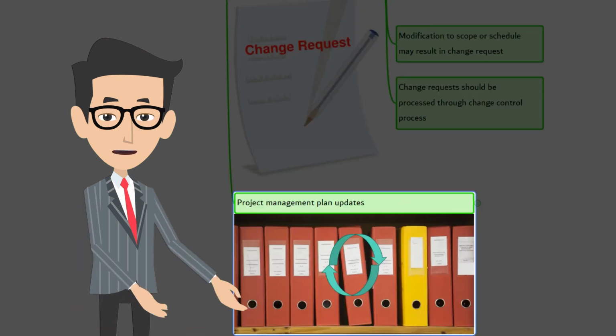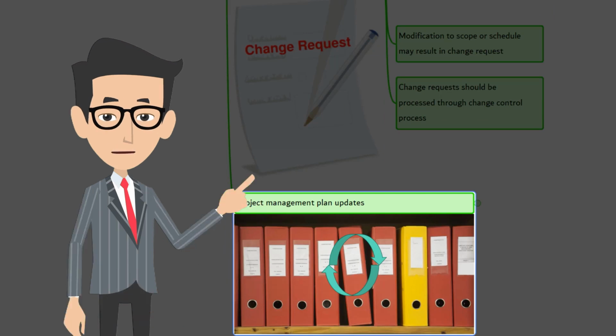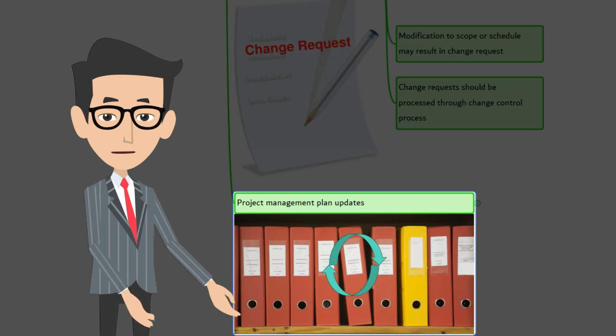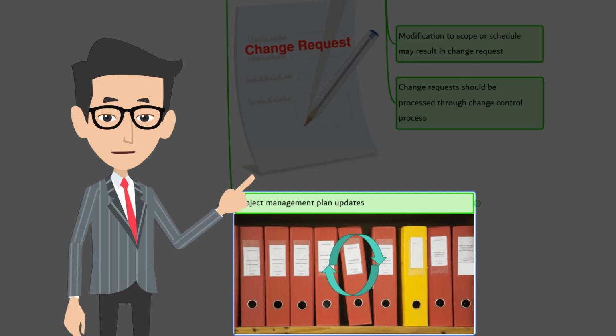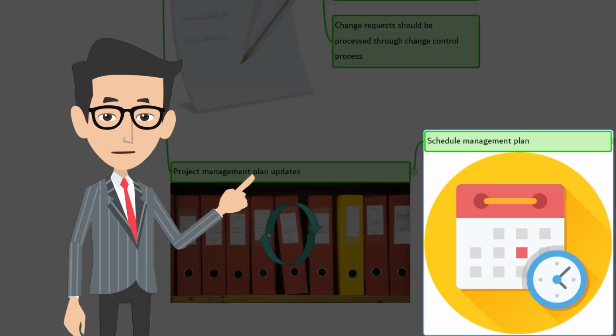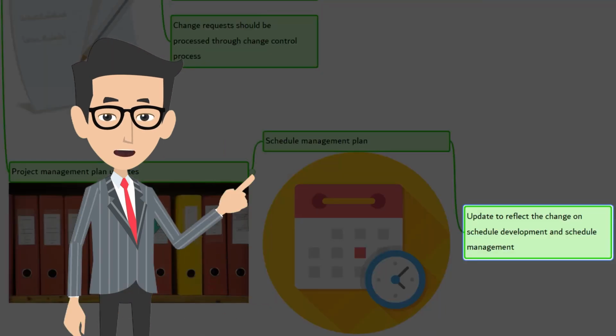The sixth output is project management plan updates. Obviously, here we are talking about the components of the project management plan. There are two in it. Let's look at them. First one is schedule management plan. The schedule management plan is updated to reflect changes in the way the schedule was developed and the way the schedule will be managed.